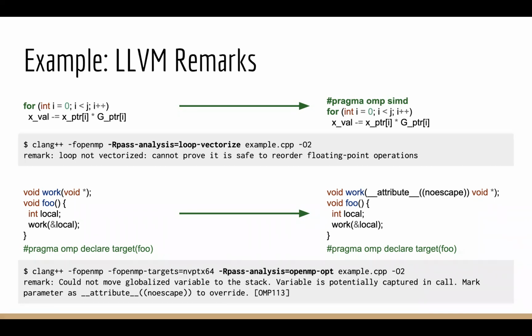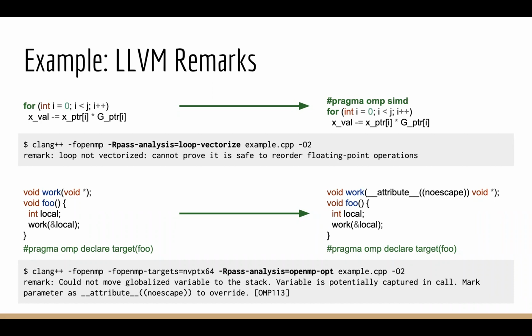And furthermore, for OpenMP opt, you can see that we have this random function on the device, and it has some globalization that I mentioned previously, which is where we had to take this local variable and put it in global memory.